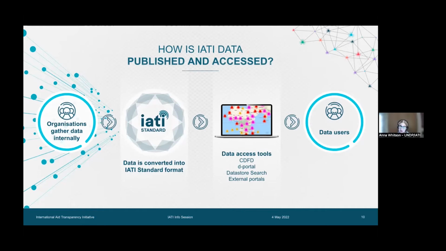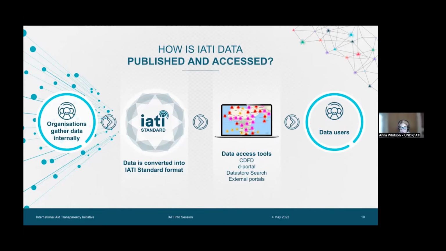But then the data also becomes publicly available for external use, right? So this means that a third party, whether that's a government, an NGO, or a researcher, can pull and use the data for their own purposes, right? So we have organizations like, for instance, the U.S. government, USAID, which uses IATI data in their development cooperation landscape tool.